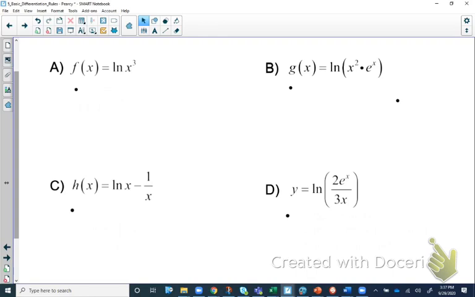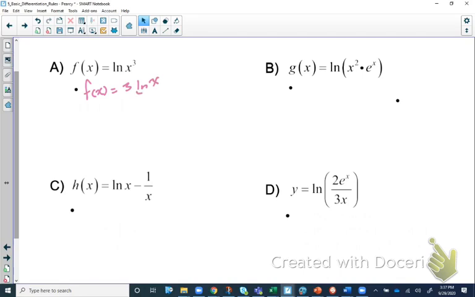Using our properties of exponents, we can move the 3 in front of the function. So here we have our function, and our properties of logarithms says I can take the 3 as the exponent and put it in front of the logarithm as a multiplication, and now I have 3 times the natural log of x.